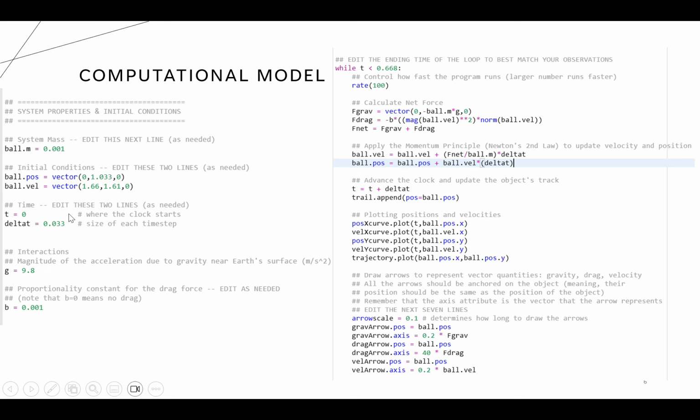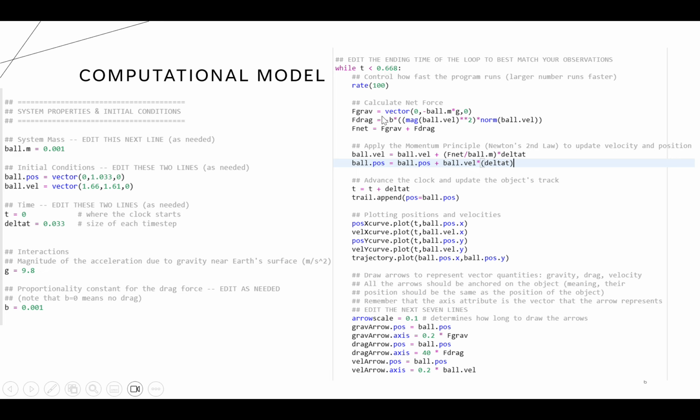The time step is the same as it is in tracker as well, 0.033 seconds. Gravity is obviously 9.8 meters per second squared. And the proportionality constant for the drag force, we had to figure that out through experimentation, basically whichever provided the most accurate output. And we settled on 0.001. The final time is also the same as tracker, 0.668.